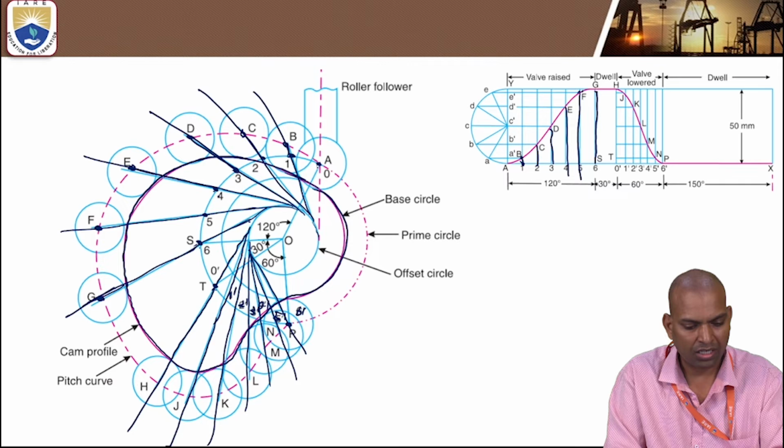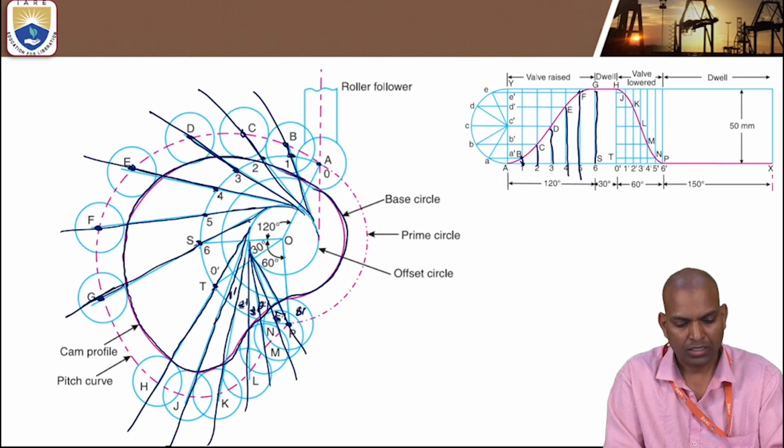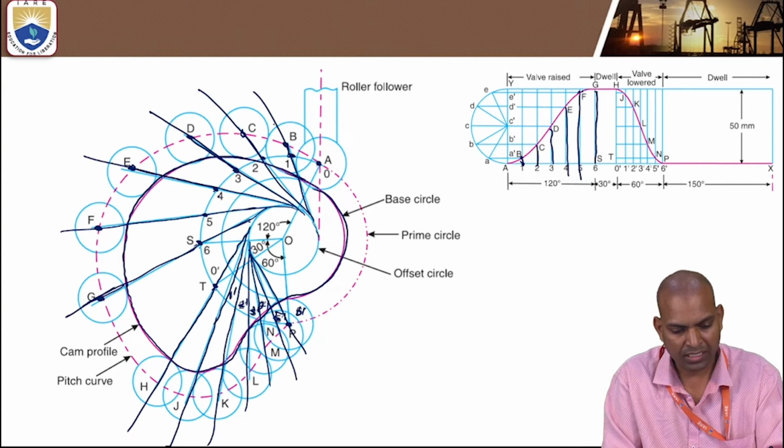After dividing and marking, these are the centers. The centers are A, B, C, D, E, F, G, H, J, K, L, M, N, P. So at point A, already we have drawn the roller. At point B, center, draw a roller. At point C, the diameter is 20 millimeter.